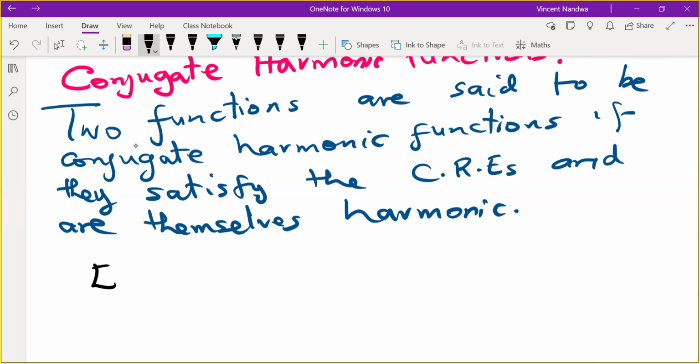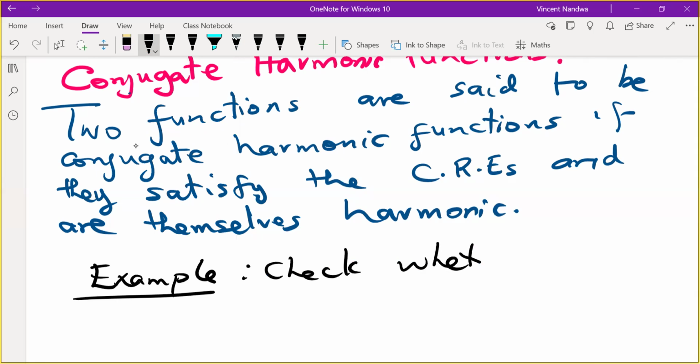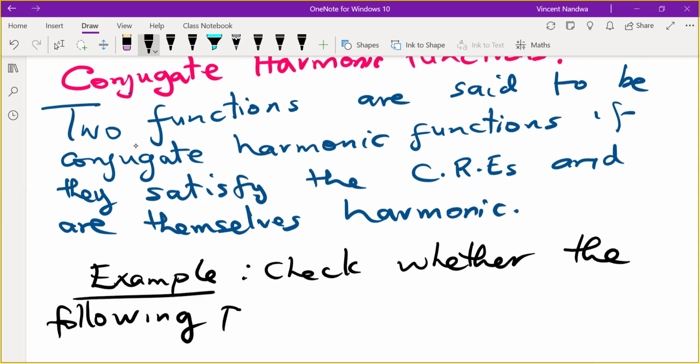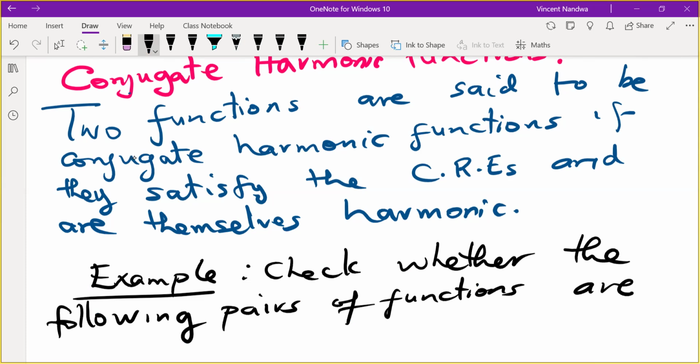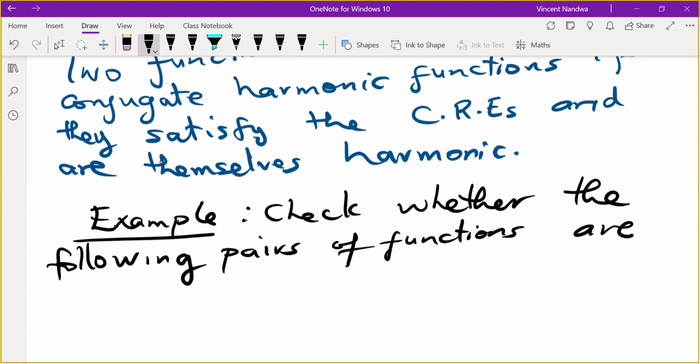So an example: check whether the following pairs of functions are harmonic, are conjugate harmonic.